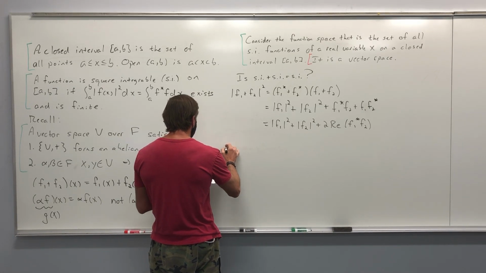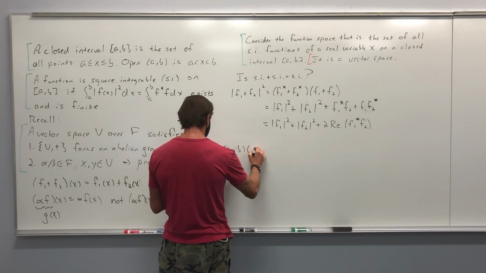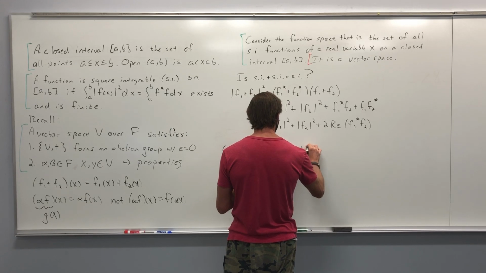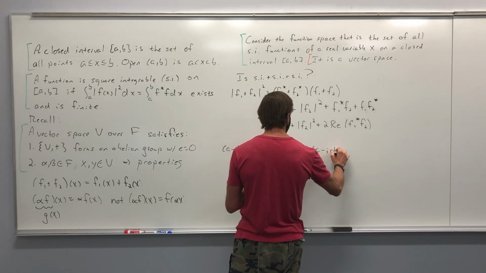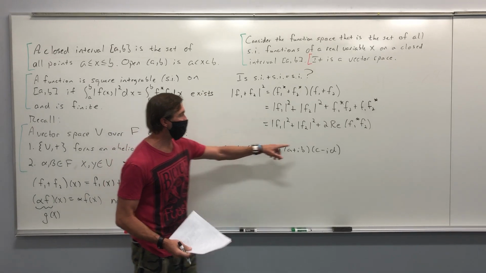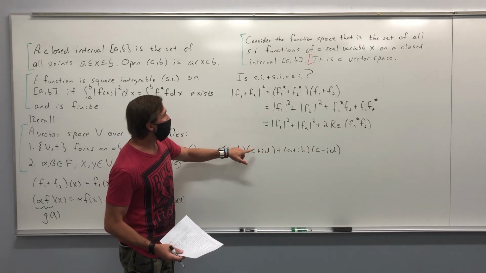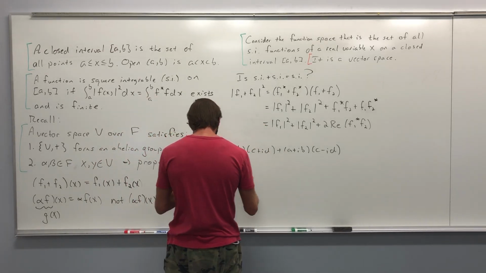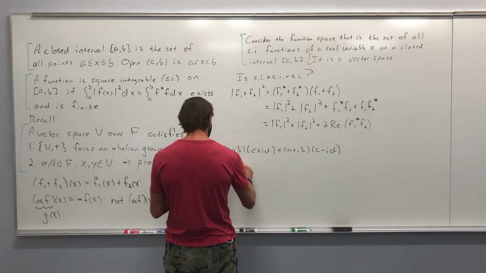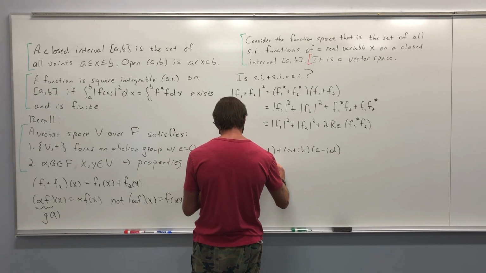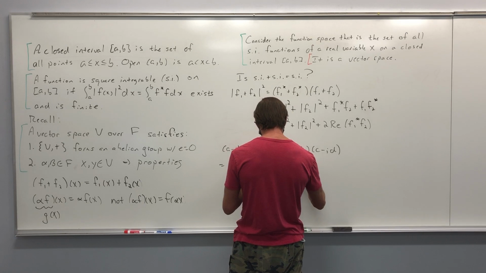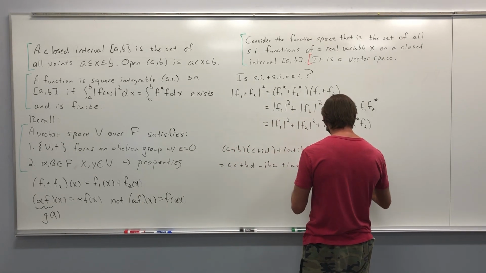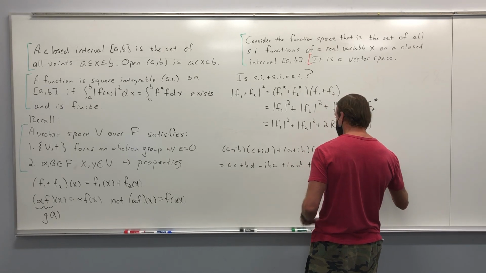Then what we have is a minus ib times c plus id, plus a plus ib times c minus id. f1 is a plus ib, and this is of course f1 star. Now all we have to do is multiply that out, and we get ac plus bd minus ibc plus iad, plus ac plus bd plus ibc minus iad.